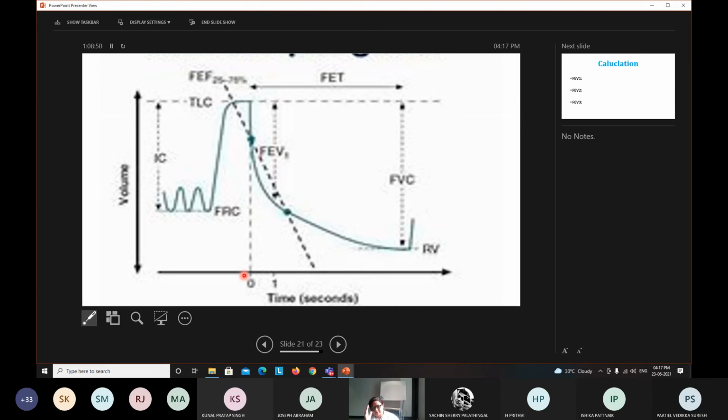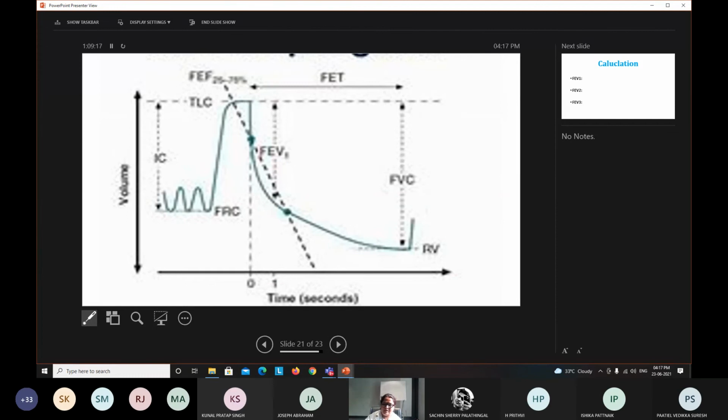That will be explained when we are using the graph and drum speed. So 2.5 centimeter equals 1 second; the time scale is like that in this component of the experiment. We take 2.5 centimeter till here. It is the amount of air exhaled in 1 second. So this will become FEV1.